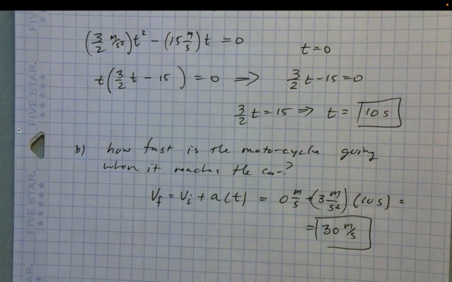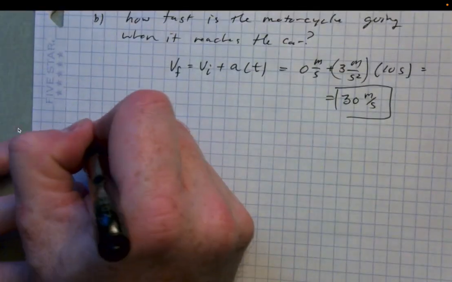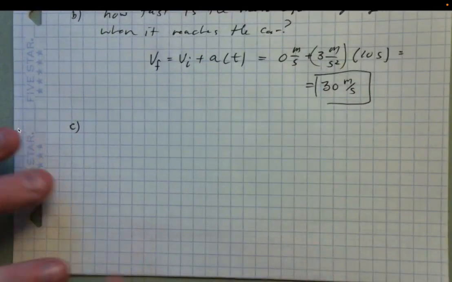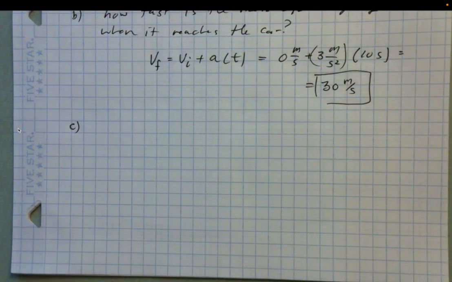And then finally, part C of this problem asks, what is the position of the car and the motorcycle when they meet? So how far away from the corner are these two vehicles when they meet one another? The position of the car and the motorcycle should be the same when the motorcycle reaches the car. Again, that happens at 10 seconds.